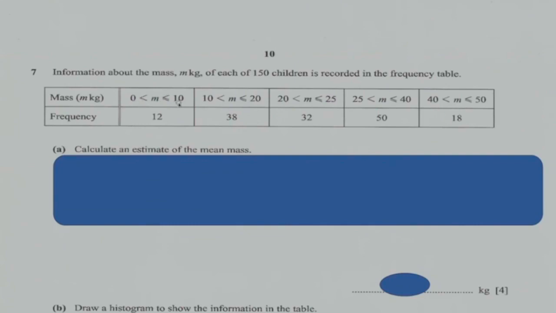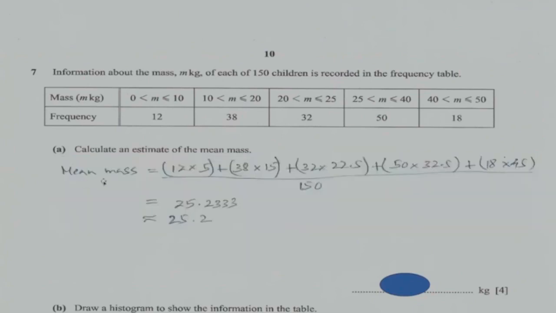So 0 to 10 means it is 5, here 15, this is 22.5, here 32.5, like this coming. Mean mass equals 12 into 5, 38 into 15, and 32 into 22.5 here.